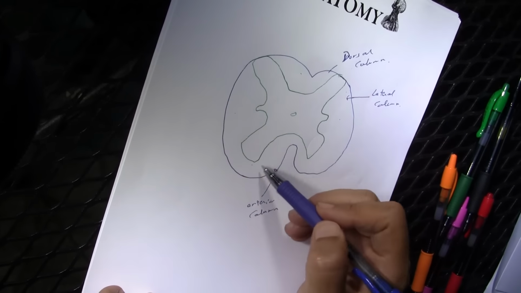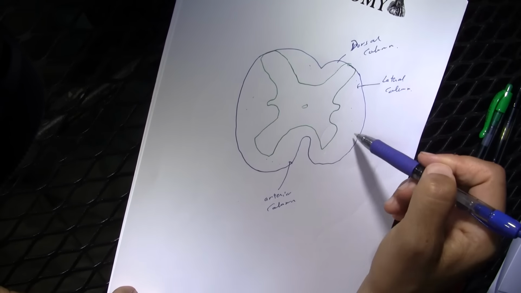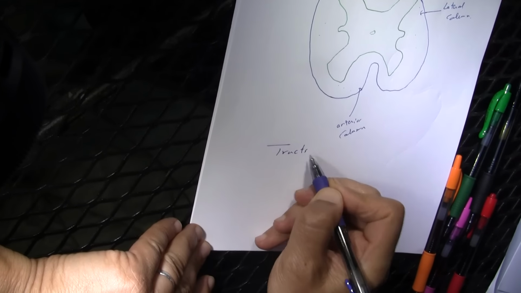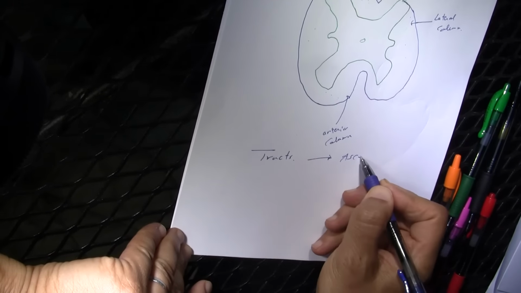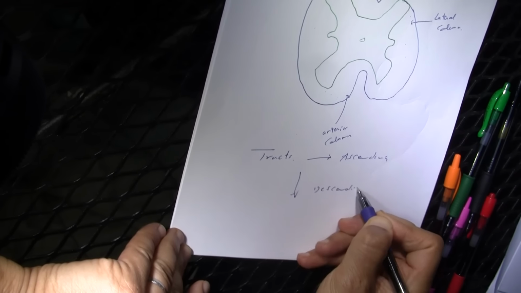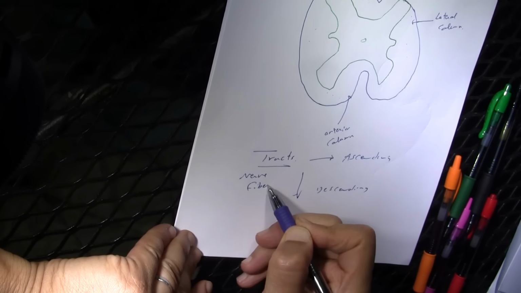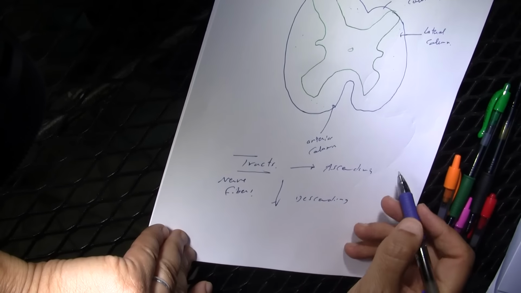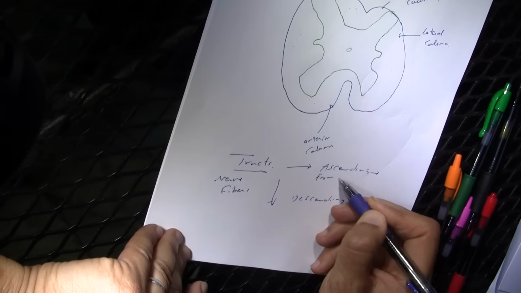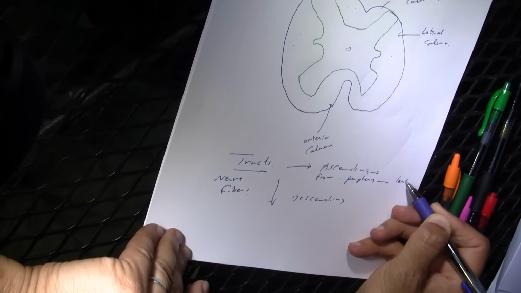What is here? Tracts. So these columns contain ascending and descending tracts. What are tracts? Those are nerve fibers. Ascending tracts carry information from periphery to the central nervous system.